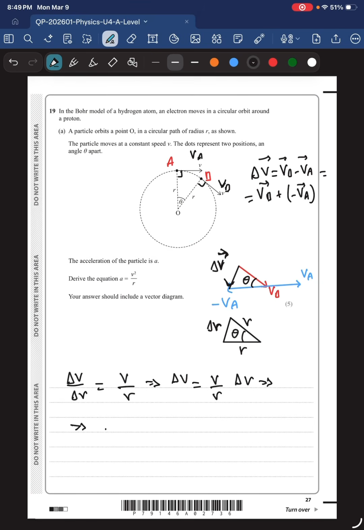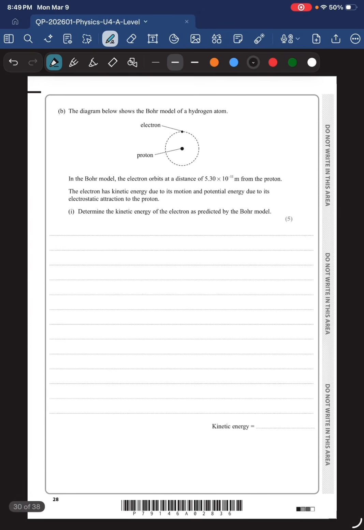If we divide by time, delta v over delta t is v over r times delta r over delta t. What is delta v over delta t? a. What is delta r over delta t? v. So a is v squared over r. And that's the proof. All right. This was kind of involved.